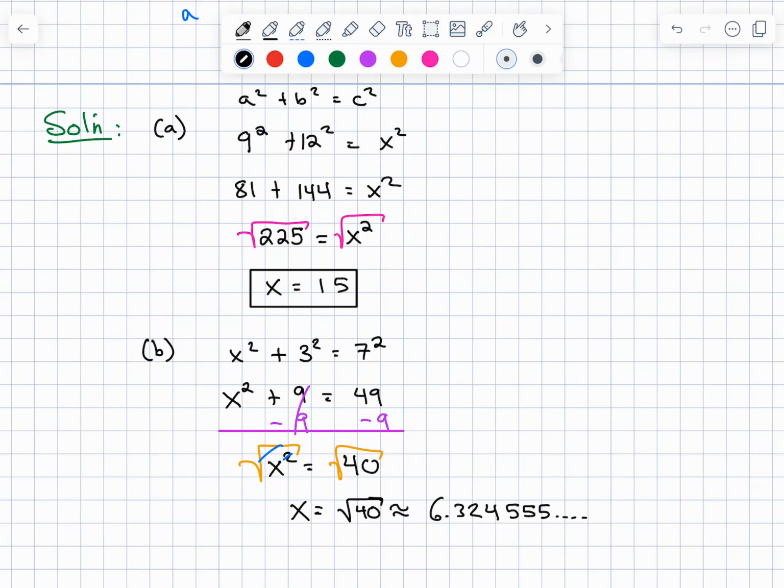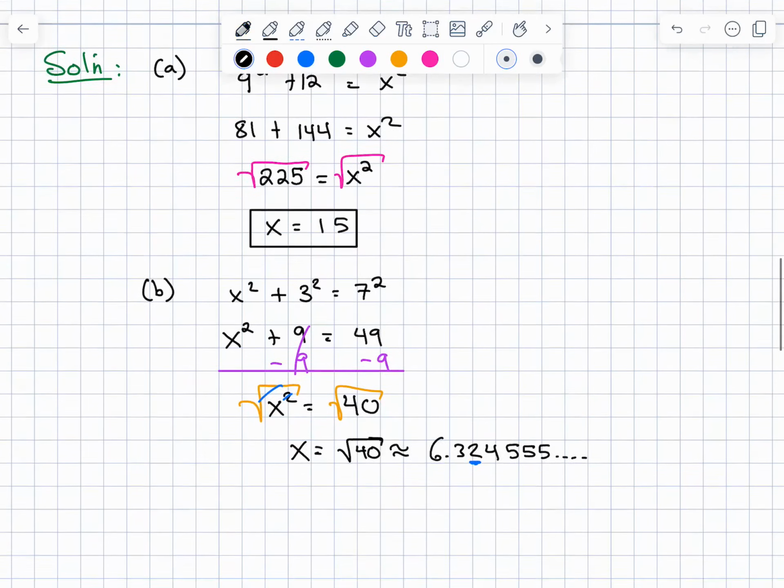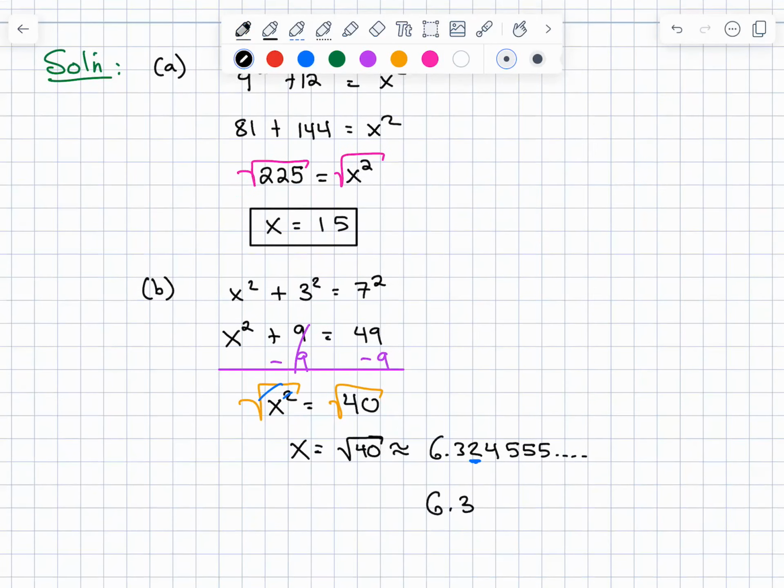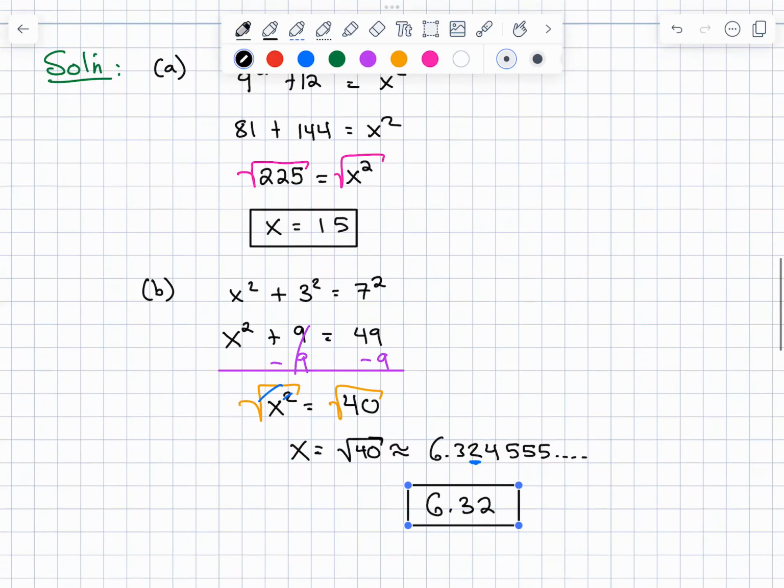So we're rounding to the 100th right here. Looking at the digit to its right, it is a digit that is less than 5, so we will round down and say that our answer is 6.32. Any questions on that? Any part of it?